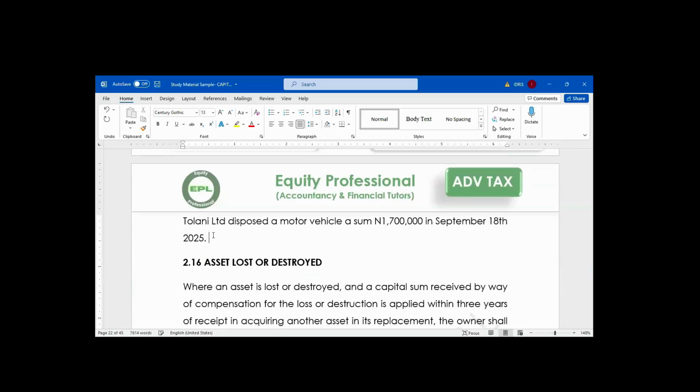The motor vehicle was originally acquired at a cost of 2,450,000.